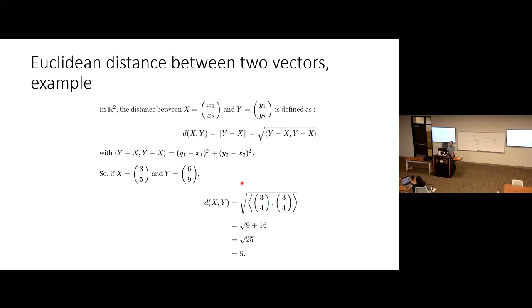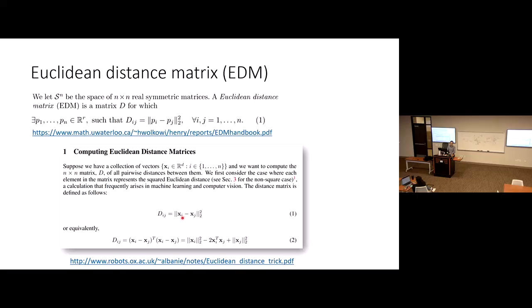So you just have indices i and j. That means you have a set X which contains more than one vector. Then you just do the pairwise distance computation to get the matrix entry ij.